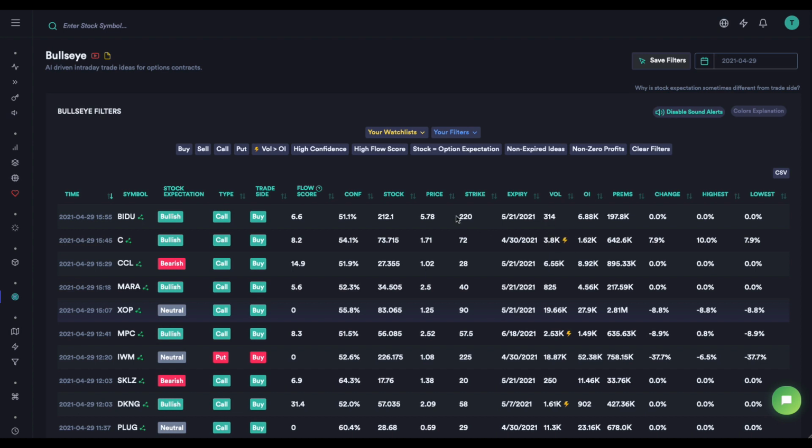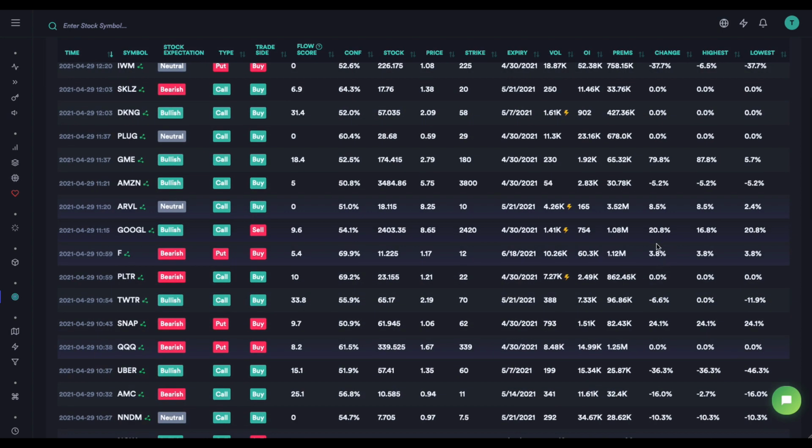So the 220 strike and the May expiration, this alert, once it's posted, is going to get updated every 30 minutes, and these numbers in the last three columns are going to change to show you how the alert is doing. If we go down, we can see that we had some positive alerts today.